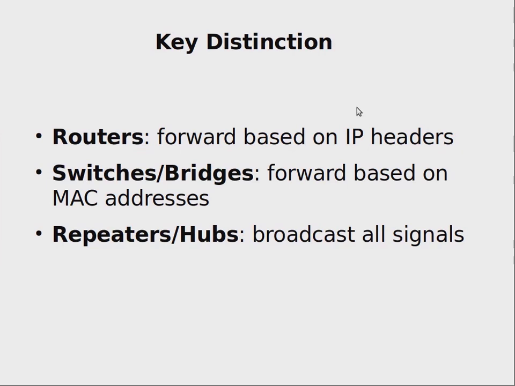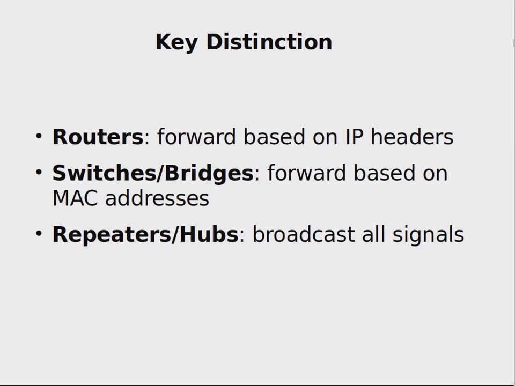So, one key distinction. Routers are the most complicated ones and they retransmit Ethernet frames based on their IP headers. They check what the source IP address is, what the target IP address is, and then create new copies of these Ethernet frames to resend them in different Ethernet segments.